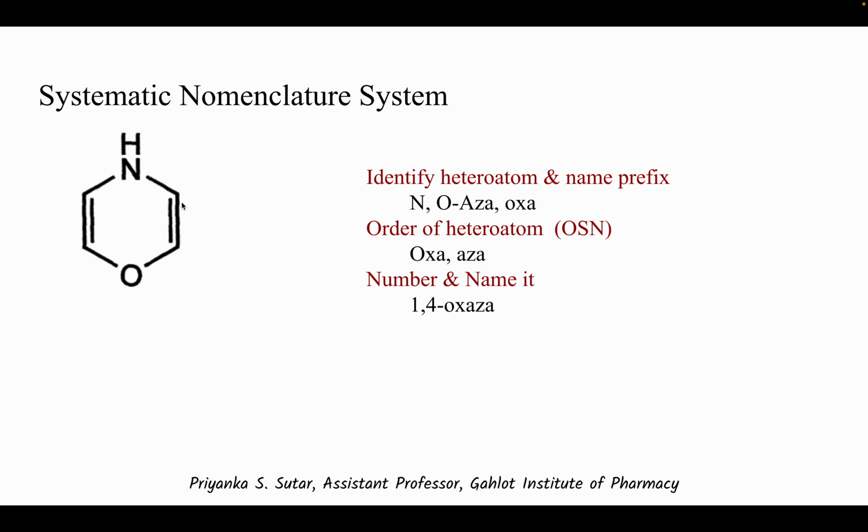Now we are moving on to the stem. You refer to table number 2 for the stem. Identify the number of atoms in the ring. There are 6 atoms in the ring and the ring is unsaturated. So refer to table number 2 for a 6-membered ring which is unsaturated and contains nitrogen, oxygen. The name will be INE.